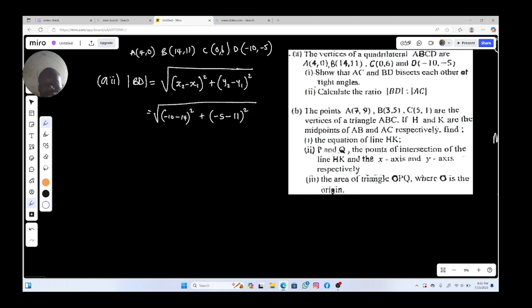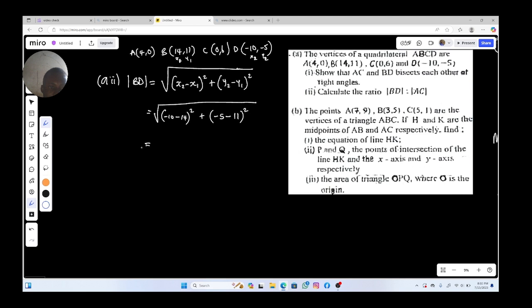So I'm making reference to B and D. So this becomes X1, Y1, and this is X2, Y2 here.